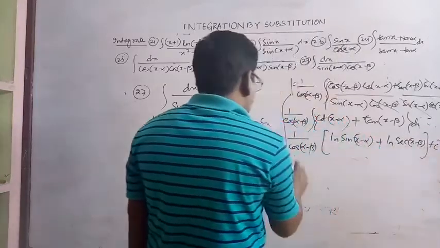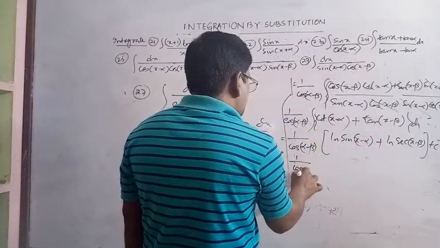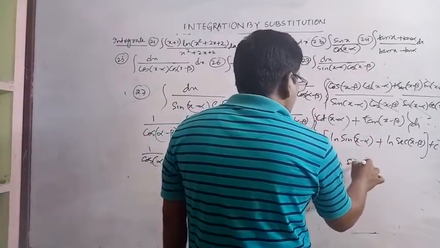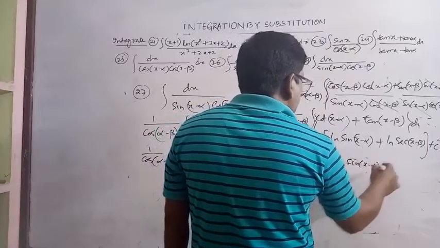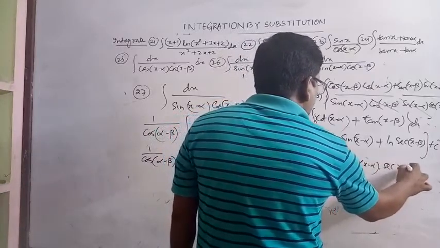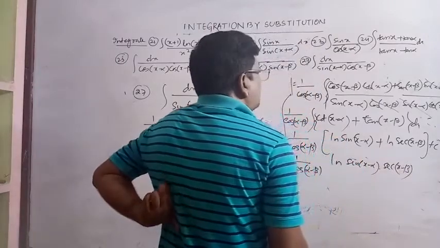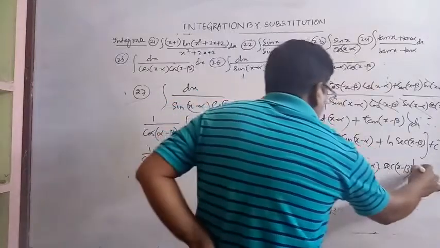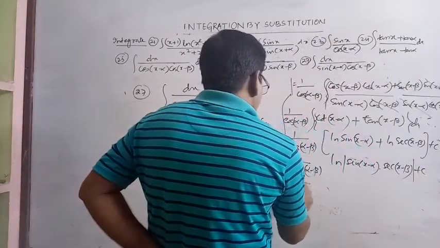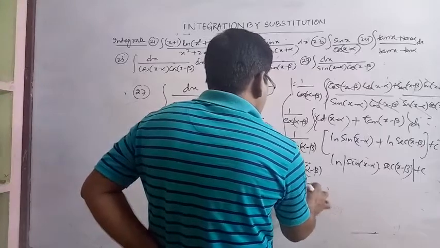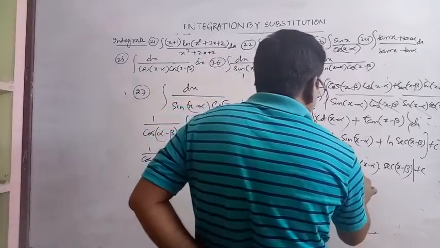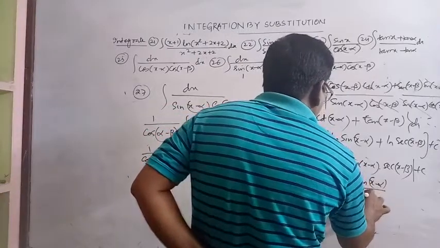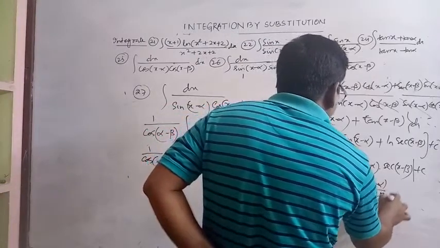So this is equal to 1 by cos(alpha − beta) into log of sin(x − alpha) into sec(x − beta) plus c, or we can write 1 by cos(alpha − beta) log of sin(x − alpha) by cos(x − beta) plus c.